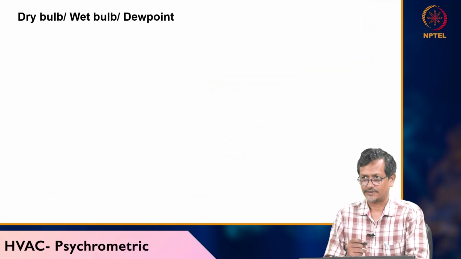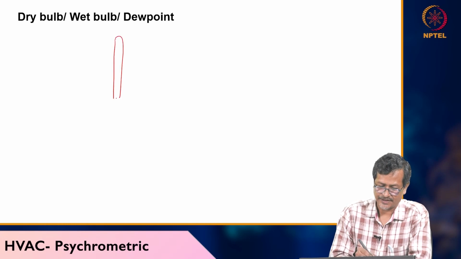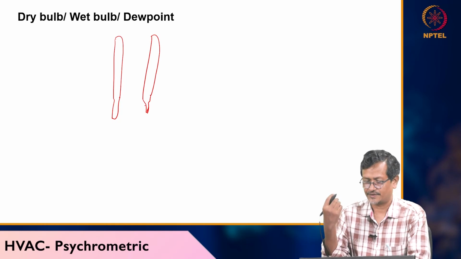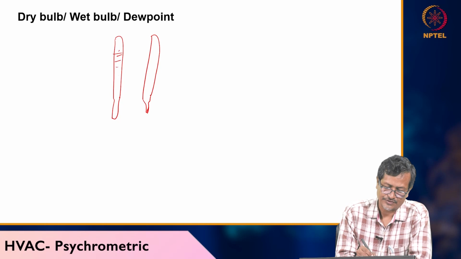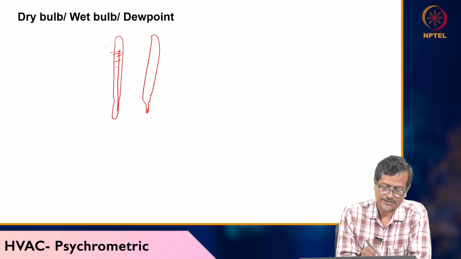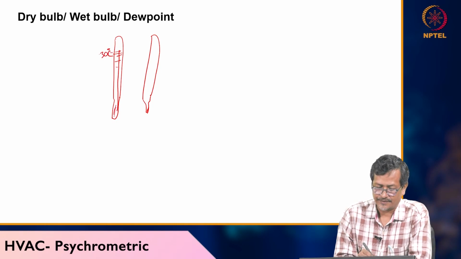Before discussing further, we'll discuss dry bulb and wet bulb temperature. Let's say I have one thermometer, and another thermometer. If I put a thermometer outside the room, it will show the atmospheric temperature. Maybe your mercury level will be showing here, let's say 30 degrees centigrade.